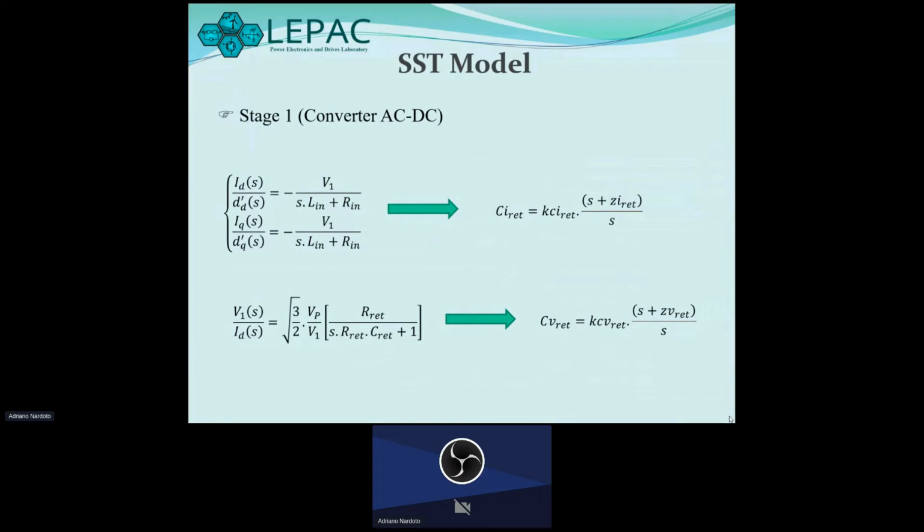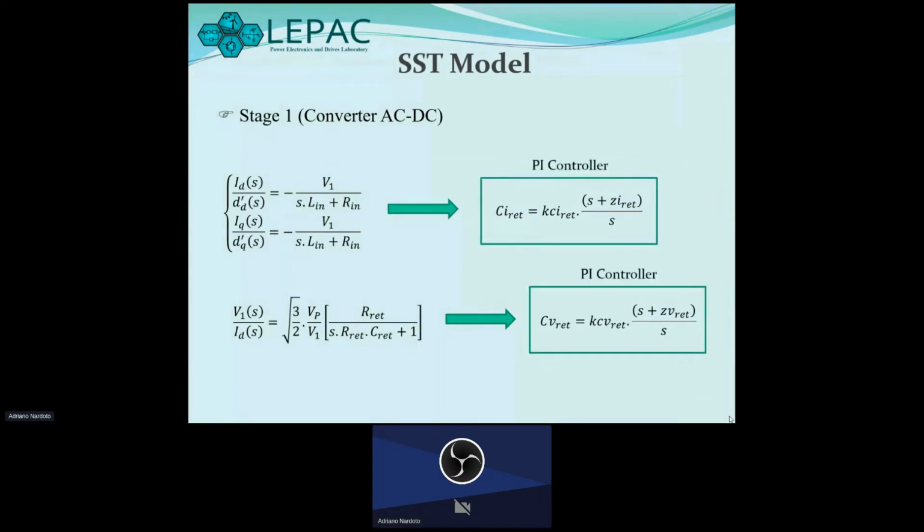The voltage controller and the current controller were chosen in order to reset the error in steady state and have a fast response in transients.